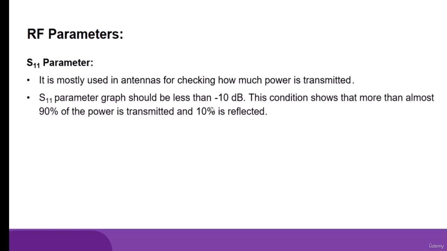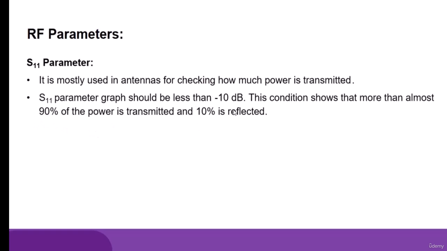Now, one important point is that the S11 parameter graph should be less than -10 dB. This condition shows that almost 90% of the power is transmitted and only 10% is reflected. So, in an ideal case, the graph of the S11 parameter, the reflection coefficient, should be less than -10 dB. This condition indicates that the antenna transmits 90% and reflects only 10% of the power.